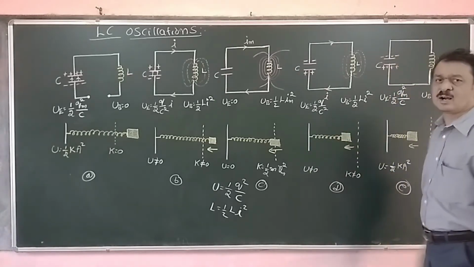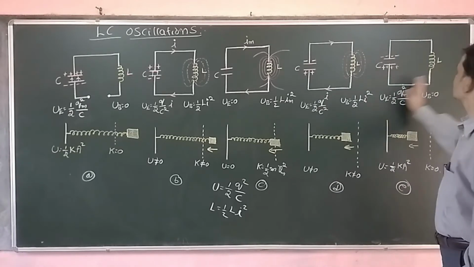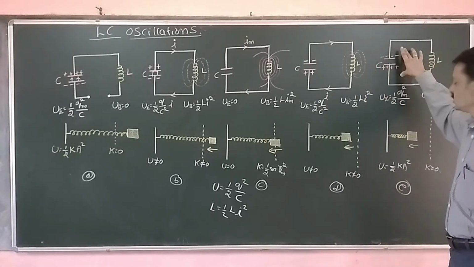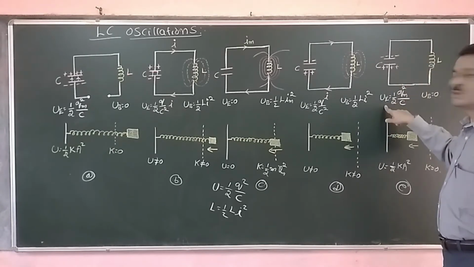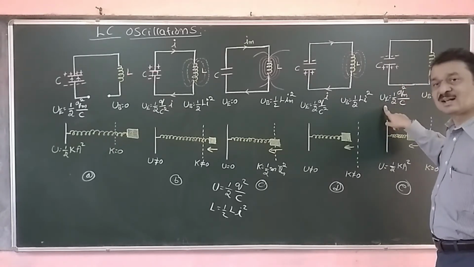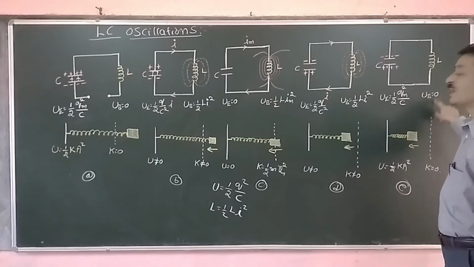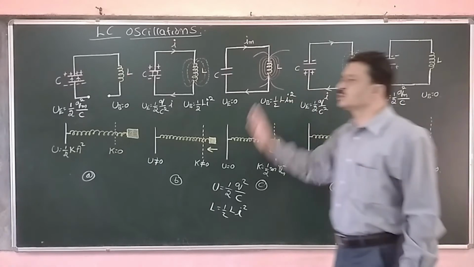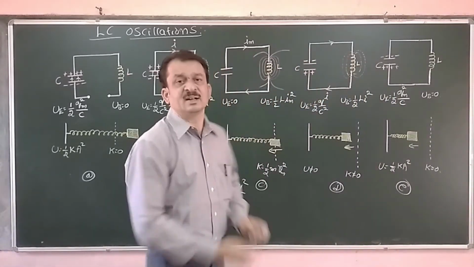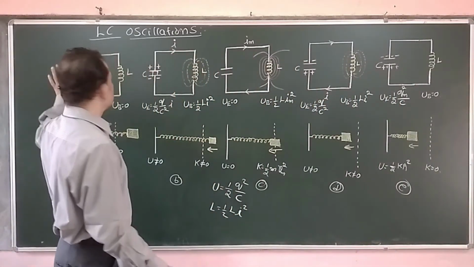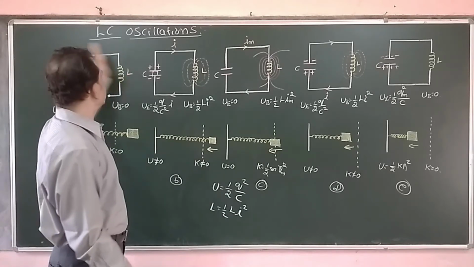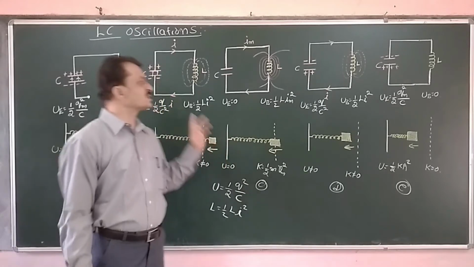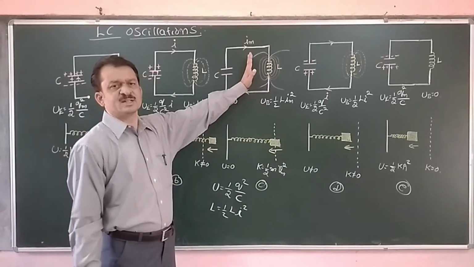And in the fifth diagram, once the entire current has flown, the capacitor gets fully charged, and hence we have completely electrical energy. The magnetic energy becomes zero. Therefore, these 5 diagrams depict that the electrical energy stored in the capacitor is slowly converting into magnetic energy in the inductor and gets completely converted to magnetic energy here.